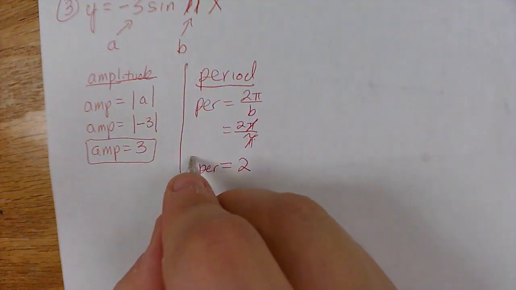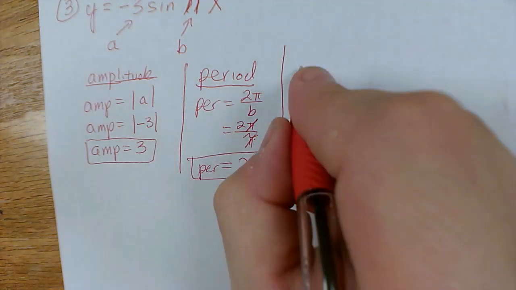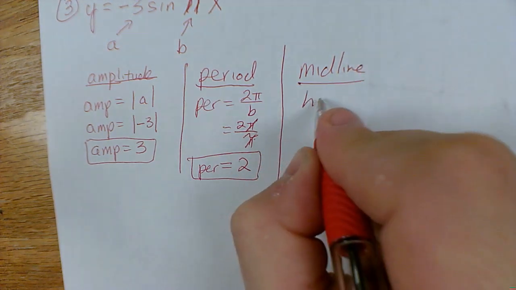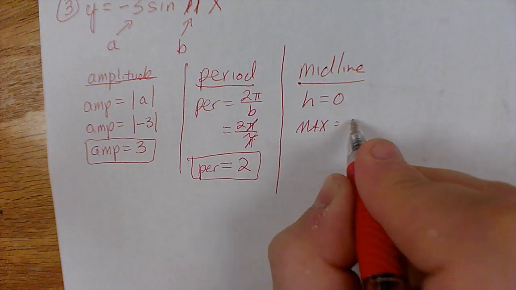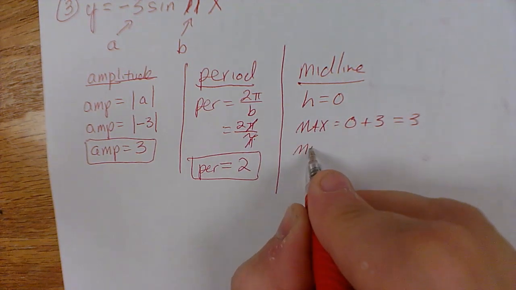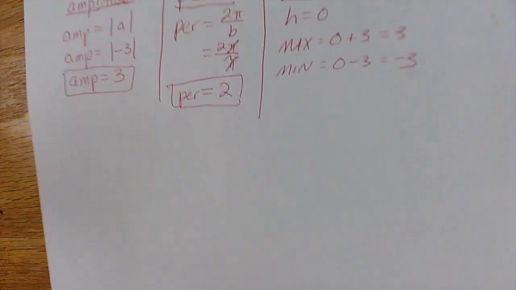This time the period of the function is 2. Just for sake of doing the same thing over and over again, the midline here is h, or h is 0. So the max is going to equal 0 plus 3, which is 3, and the min is going to equal 0 minus 3, which is negative 3.